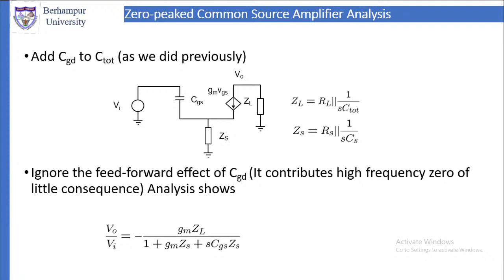Now we will ignore the feedforward effect of CGD, so CGD is not here. You will see that there is no CGD here, and that effect is ignored. Using a simple circuit analysis, you can find V0 by VI equal to GM into ZL divided by 1 plus GM ZS plus SCGS ZS.